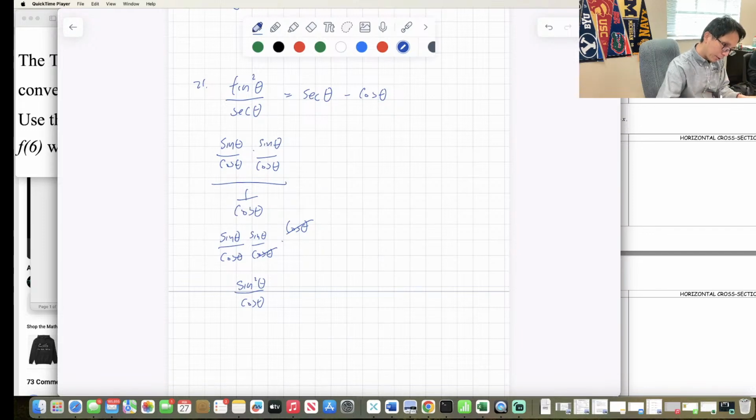Oh, let me think of the best way. Oh, duh, I can do the left side. So let me try the left side here, and I'm not going to erase the right side. So that's going to be 1 over cosine theta minus cosine theta. Would that be better? Hold on. Multiply by cosine theta over cosine theta. So that's equal to cosine theta. Oh yeah, this is better.